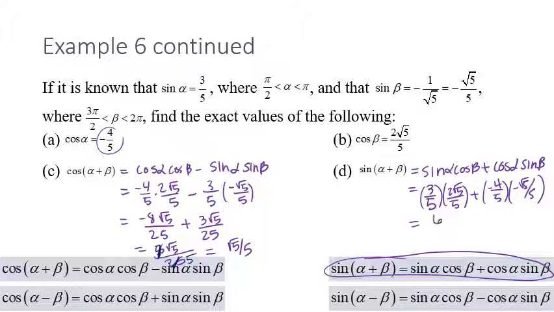So that gives me 6 root 5 over 25 plus 4 root 5 over 25, because a negative times a negative is a positive. So 6 root 5 plus another 4 of them leaves me with 10 root 5 over 25. And I can cancel a 5 out of the top and the bottom, and that leaves me with 2 root 5 over 5.